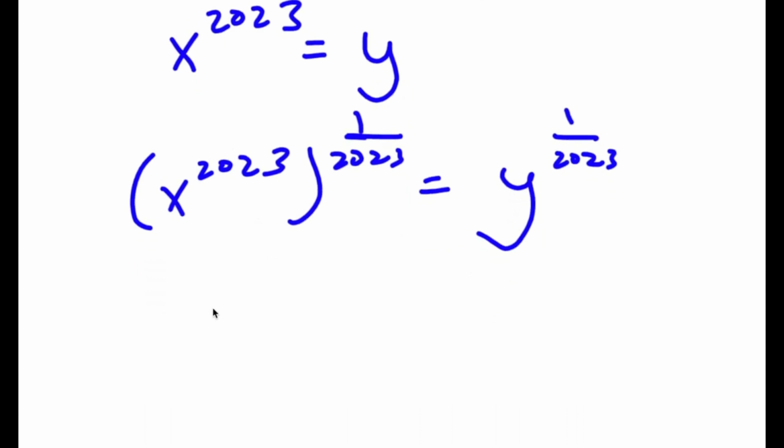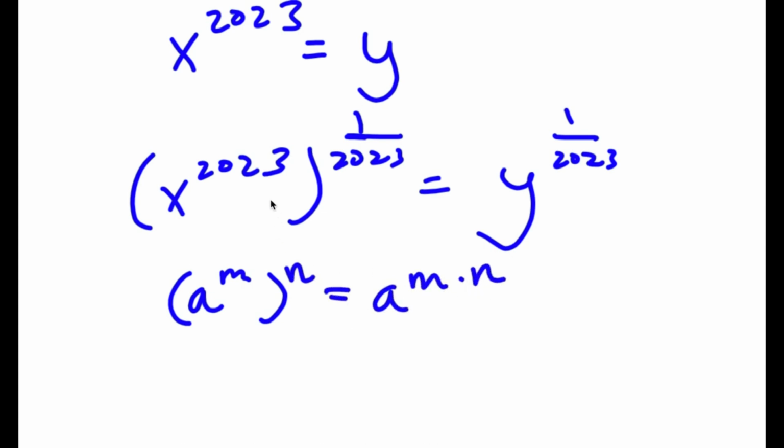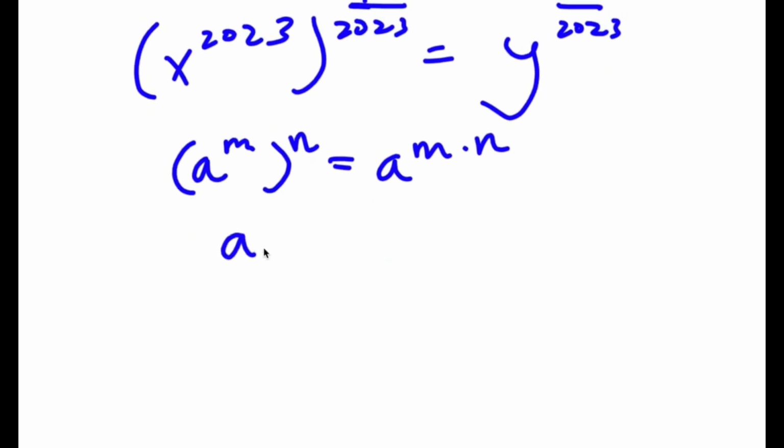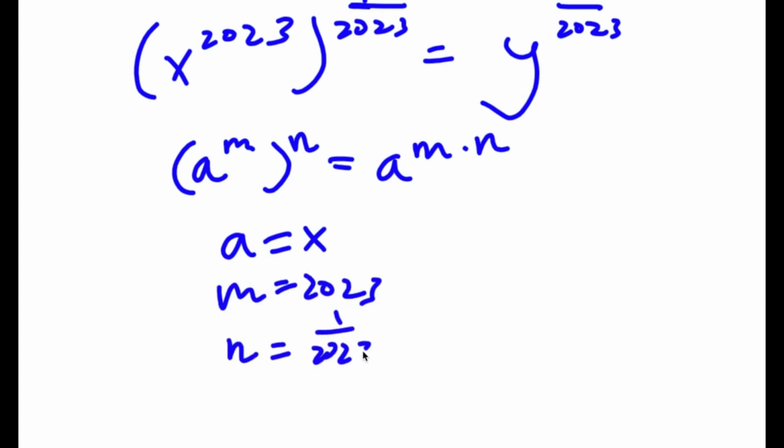Then if I have something in the form a to the power of m to the power of n, this is equal to a to the power of m times n. So now x to the power of 2023 to the power of 1 over 2023, that's going to equal, well, in this case, a is equal to x, m is equal to 2023, and n is equal to 1 over 2023.